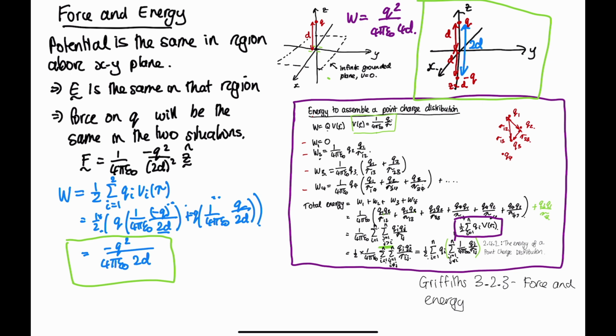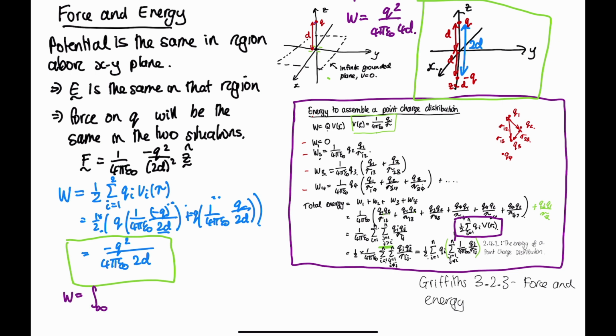Okay, so we've talked in one sense about why that is, because we're only moving one charge, but let's just calculate it directly. We know that the work done to bring this charge from infinity to this point here is going to be equal to the integral.